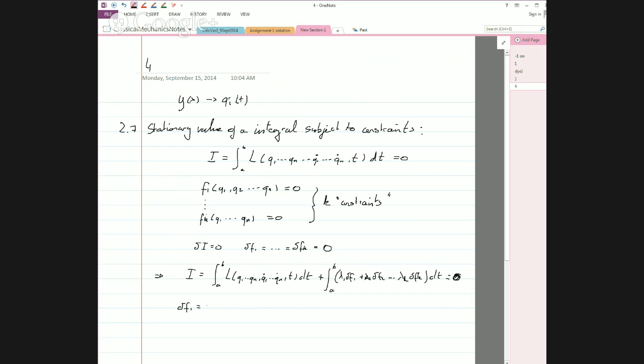And delta F1 is ∂F1/∂q1 delta q1 plus ∂F1/∂q2 delta q2, and so on.